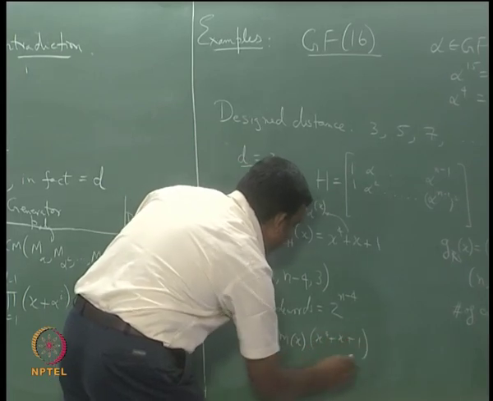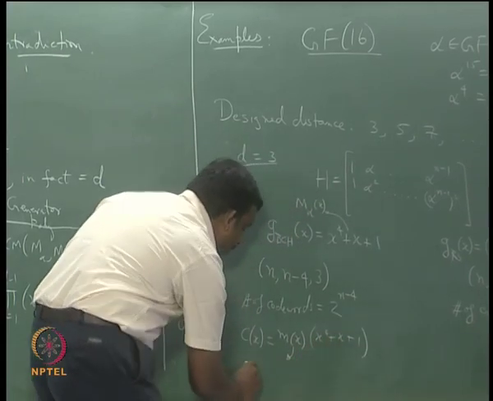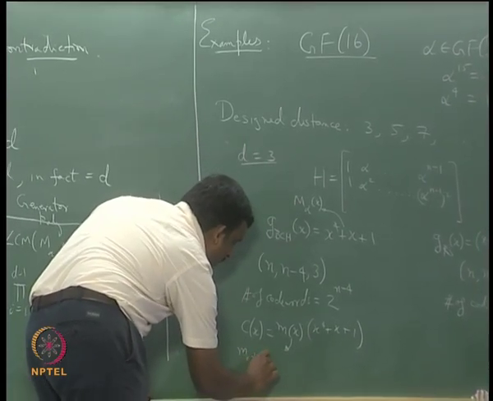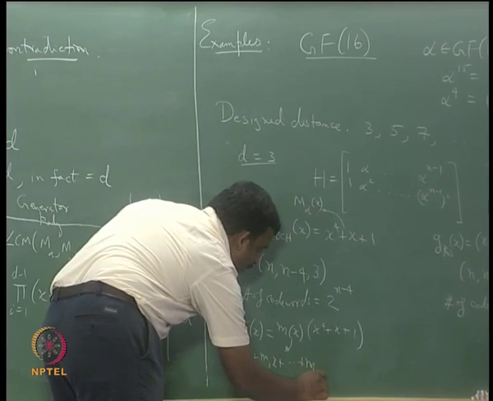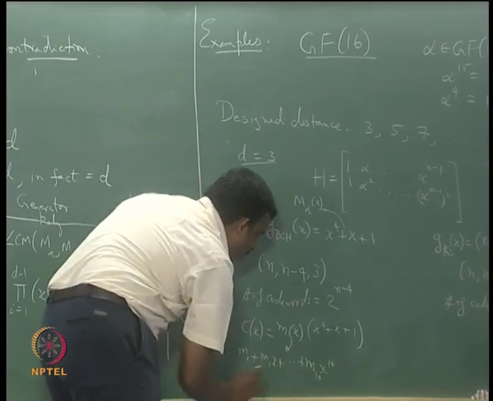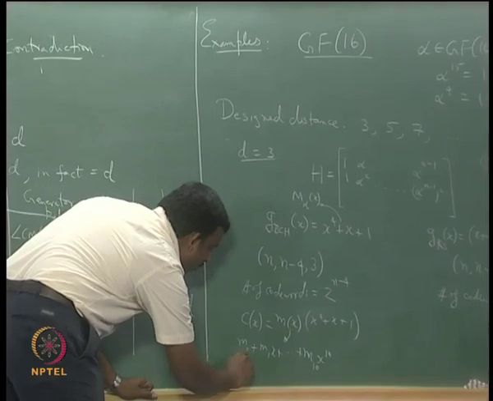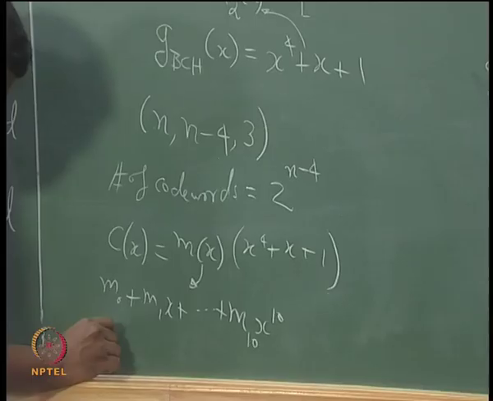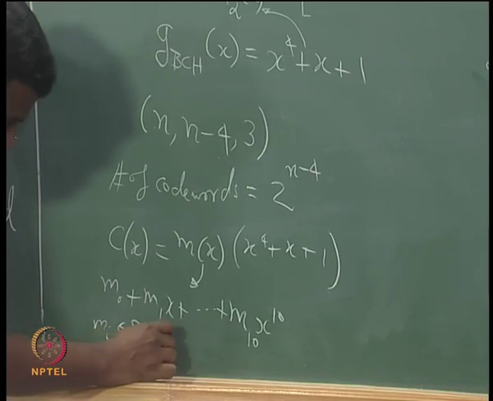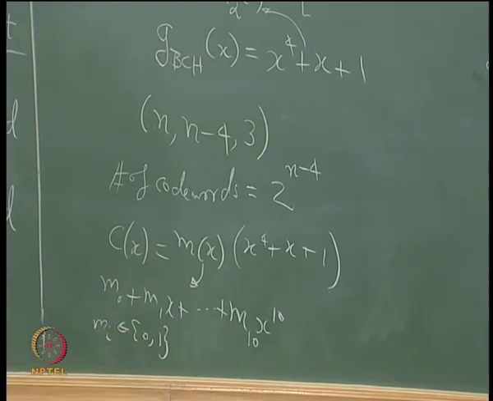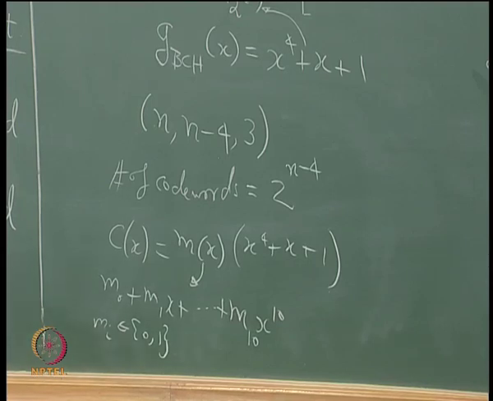It is a very easy multiplication. Remember what is this m of x? m0 plus m1x plus so on till m10 x to the power 10. What are these mi's? mi's are either 0 or 1. Okay. So as simple as that.